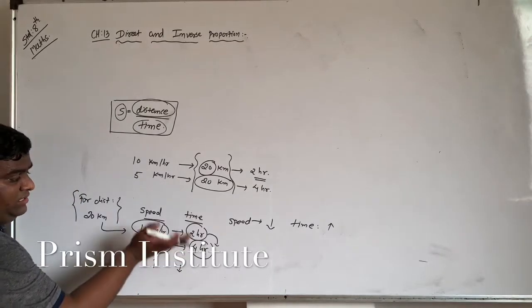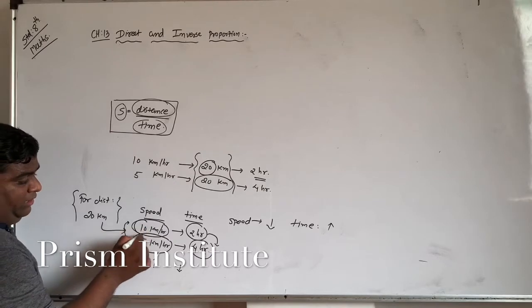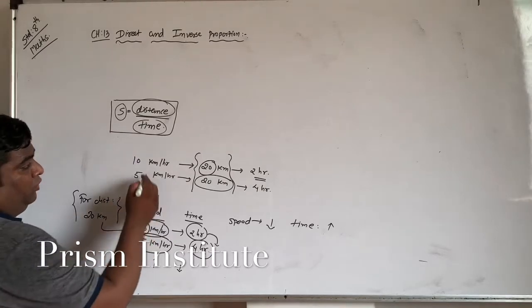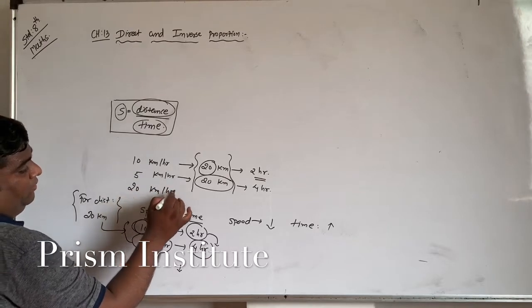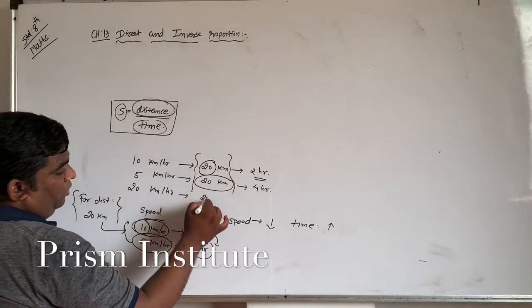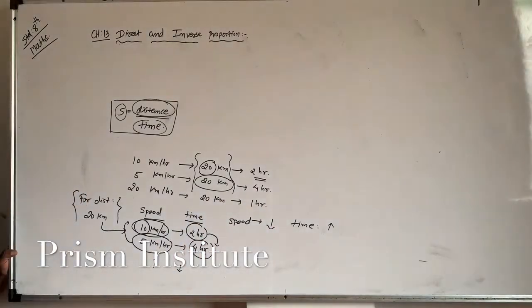Now let's see the reverse case, from 5 to 10 km. Take another example where your speed is 20 km per hour and you want to cover 20 km. So you cover it in 1 hour.